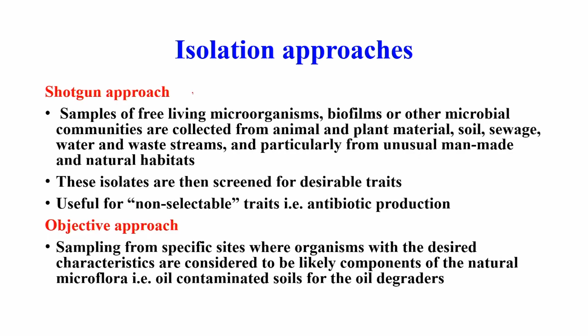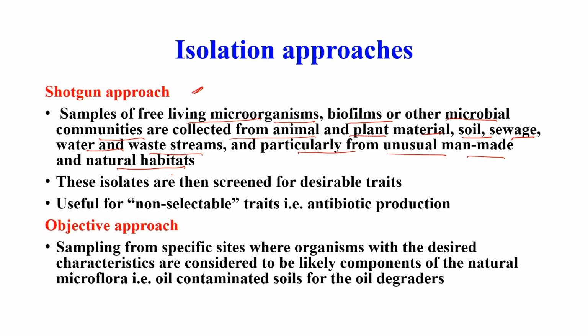One approach is called the shotgun approach. Here a sample of free living microorganisms, biofilm and other microbial communities are collected from animal and plant material, soil, sewage, water and waste streams, and particularly from unusual man-made and natural habitats.